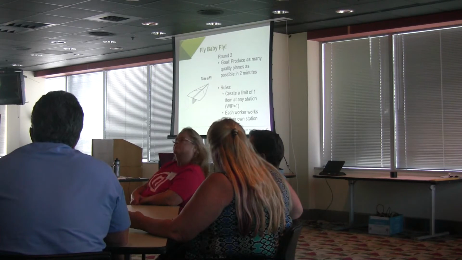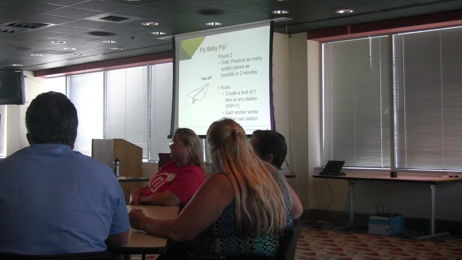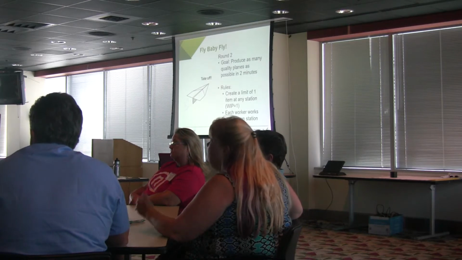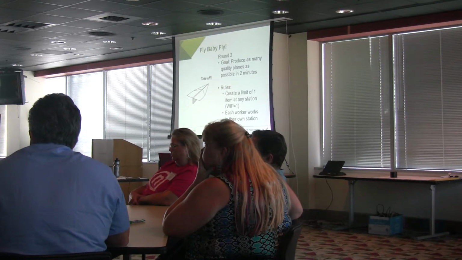So in this round, our WIP for each station is 1. The way that shows itself, if I'm station 1 and I make my fold, I can hand it to station 2 because they have nothing in their queue yet, and so forth.